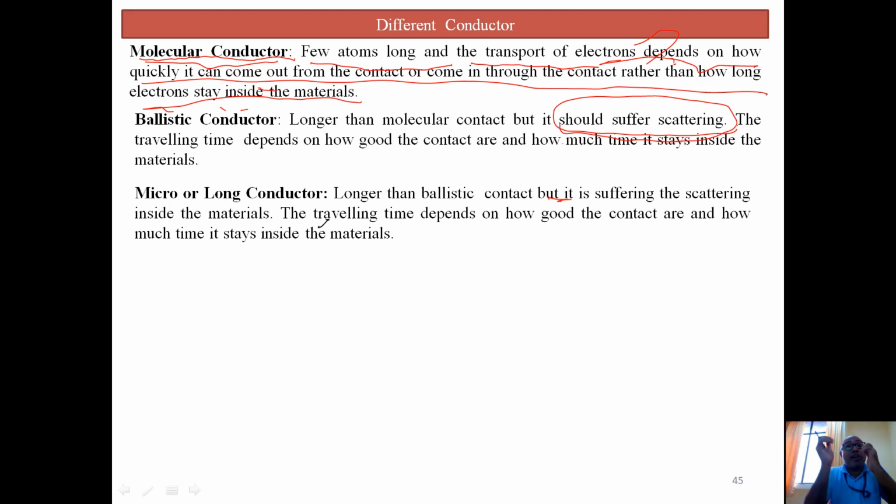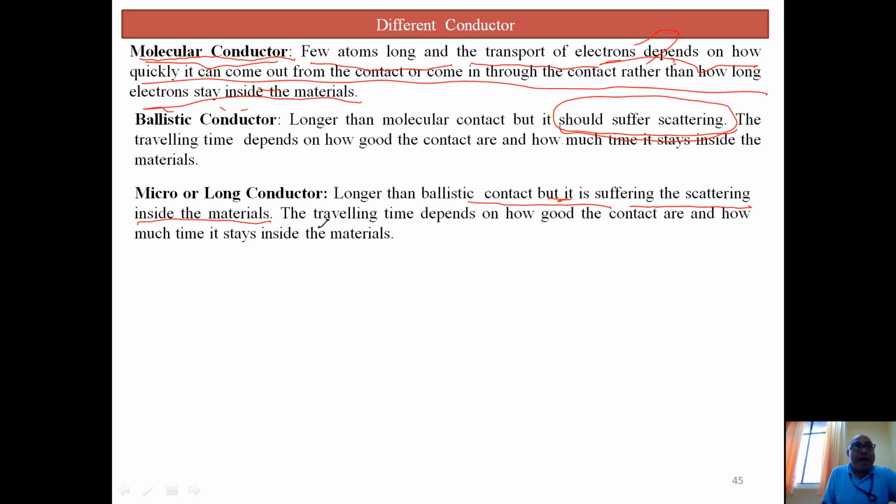And micro long conductor, that is the true case, like you see, longer than a ballistic conductor, but it is suffering from scattering. So it is suffering from the scattering inside the material, and so traveling time depends on how good the contacts are and how much time it stays inside the material.